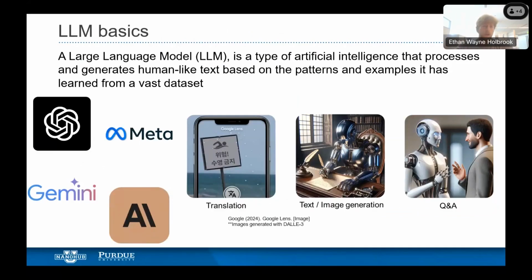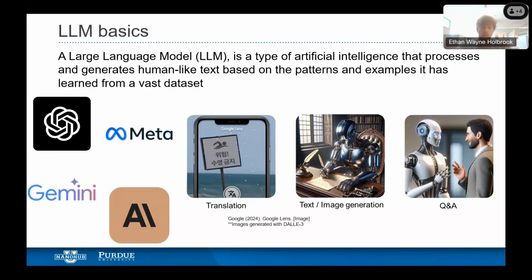So to summarize, a large language model is a type of artificial intelligence that processes and generates human-like text based on the patterns and examples it has learned from a vast data set. With a large dependence on data and training resources, there are a select few groups capable of producing the best models, and the best models are getting good.